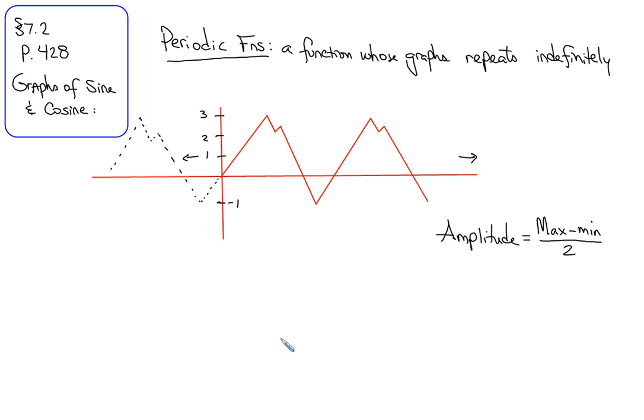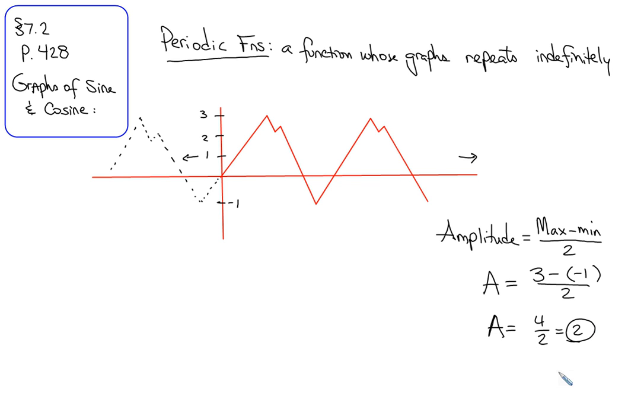So in the case of our periodic function here, as it repeats itself, the maximum value is always the same. It's getting up to +3. So our amplitude is equal to +3 minus our minimum value, which drops down to -1, divided by 2. So our amplitude is equal to 3 minus -1, which is 4, divided by 2, which is 2.